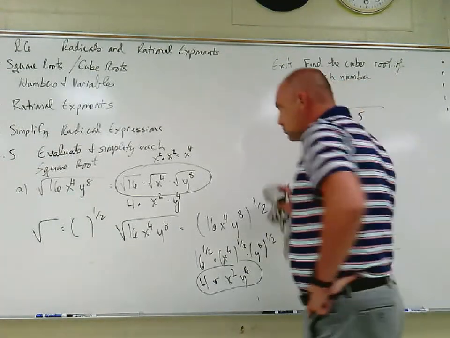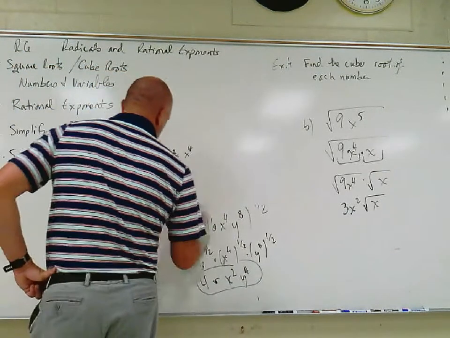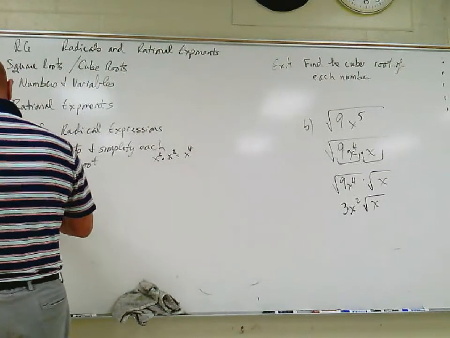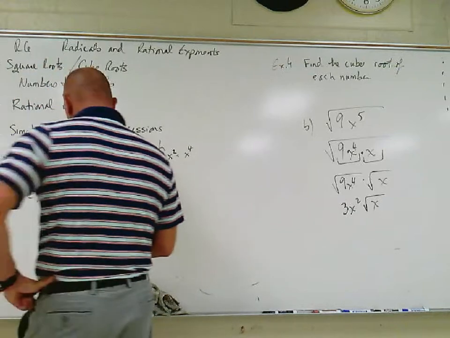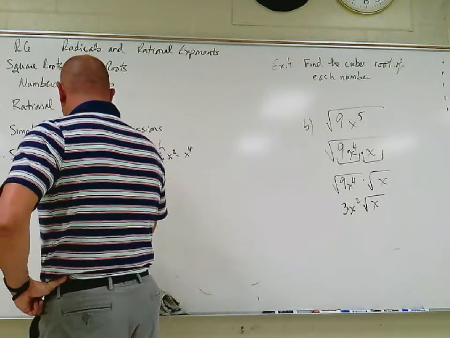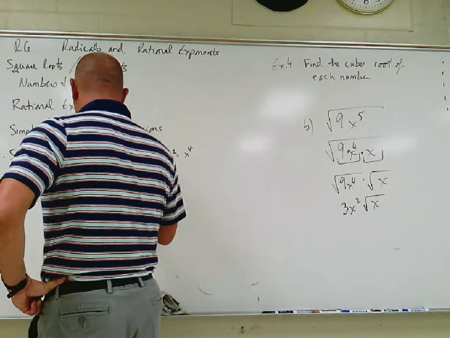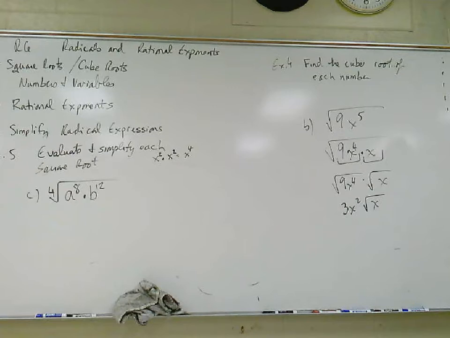Okay, now while I'm on square root, I'm going to just address even root. So how would you work it? We'll call this part C. If you had the 4th root, let's say you had a to the 8th, b to the 12th. Now how would we work it? So what does 4th root mean?